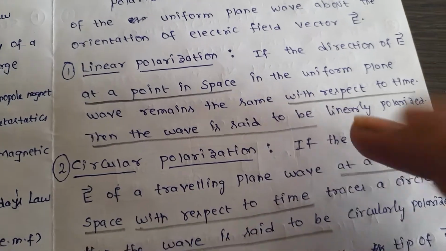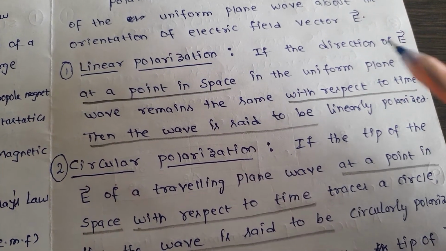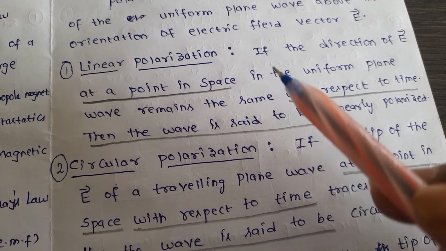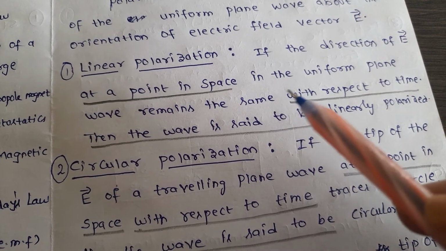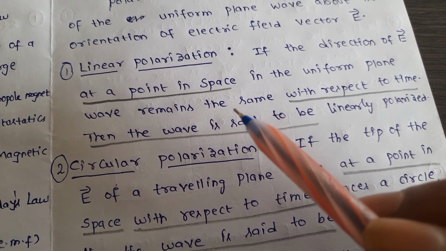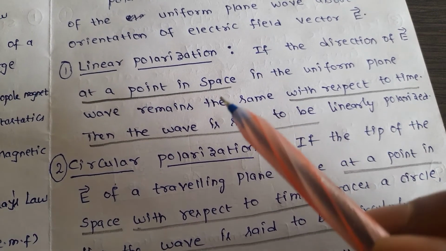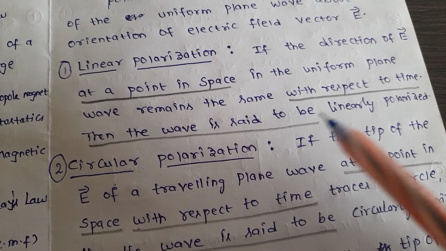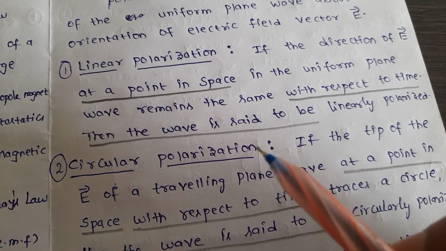In linear polarization, if the direction of the electric field vector at a point in space in the uniform plane wave remains the same with respect to time, then the wave is said to be linearly polarized. Observe the underlined sentence. Why? Because these sentences are repeated.